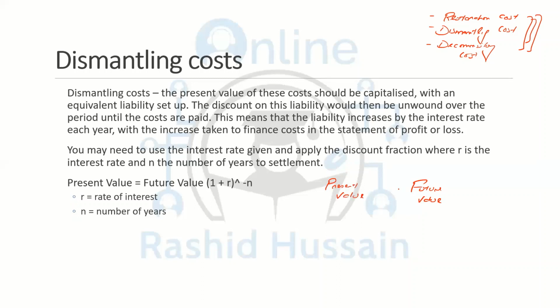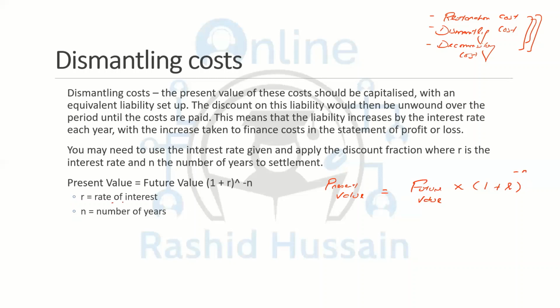Now, this is something which you have studied in your management accounting paper, but if you have forgotten it, no worries, I'm going to revise it. To calculate the present value, you take the future value and multiply it by (1 plus r) raised to power minus n.